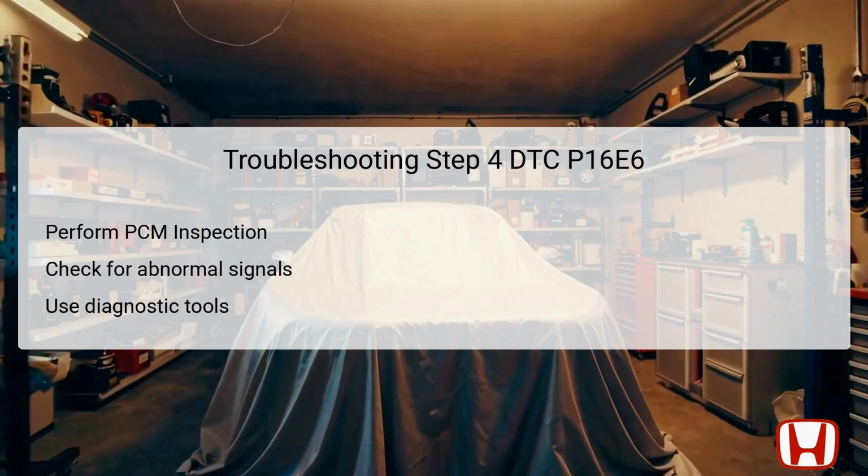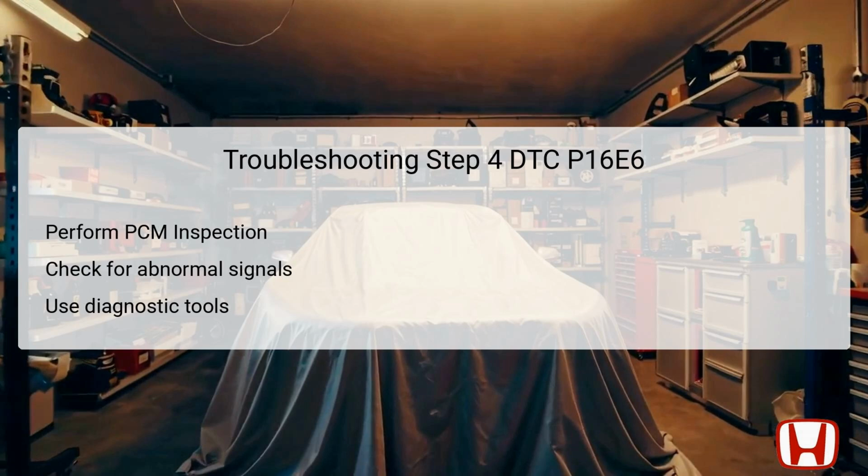Following inspections of the transmission range switch and external circuit, the next step is to conduct a thorough PCM inspection. Utilizing diagnostic tools such as the Honda Diagnostic System, HDS, can provide insights into whether the PCM is receiving correct signals from the transmission range switch.